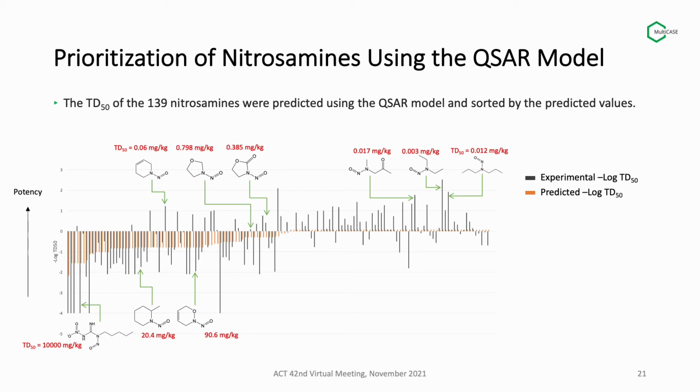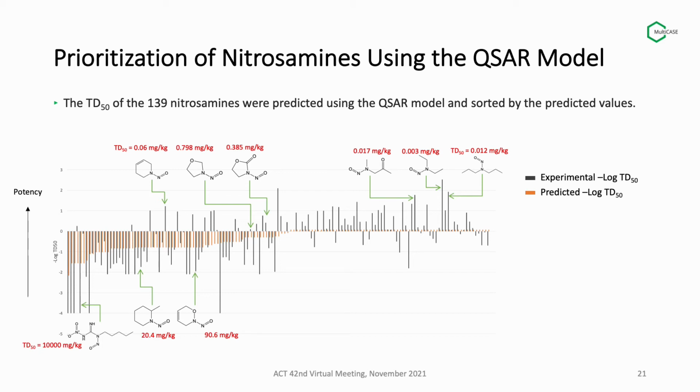In the picture, the black bars are the experimental carcinogenic potency, and the orange bars are the potency predicted by the QSAR model. When we sort the values based on the predicted values, you can see that the correspondence between the actual experimental values and the predicted values is very decent.